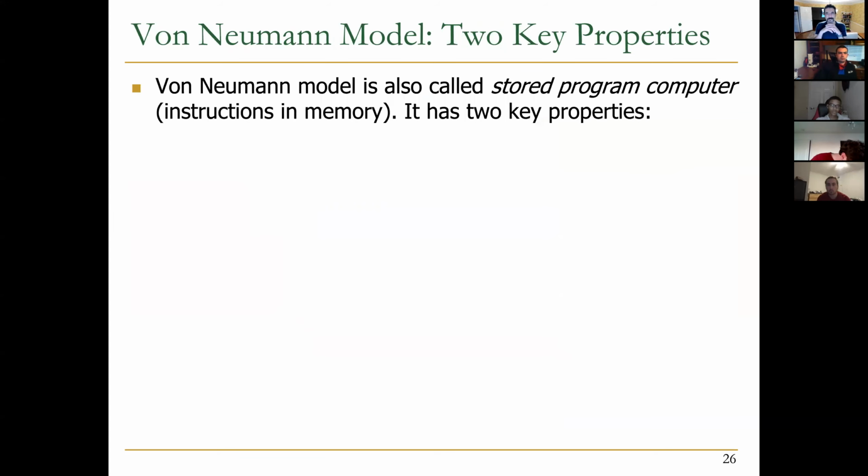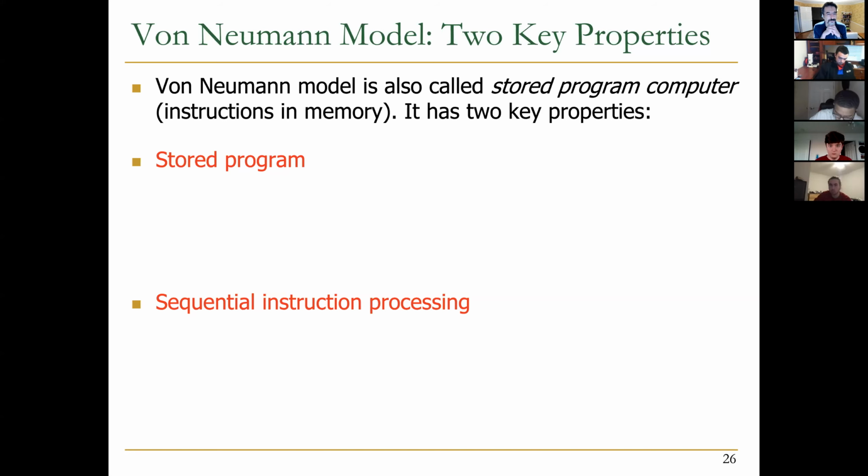The key enabler, or the key properties of this model, is essentially two things. This is very, very important and was the key idea that enabled building a computer.